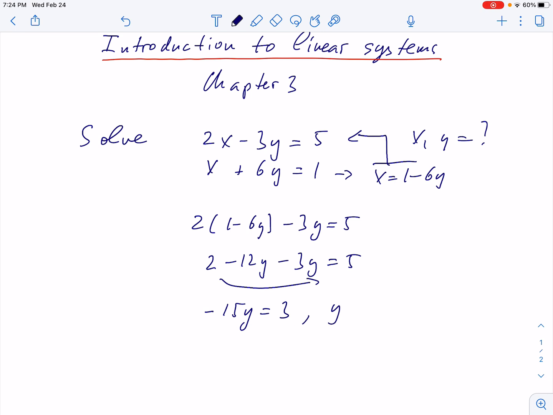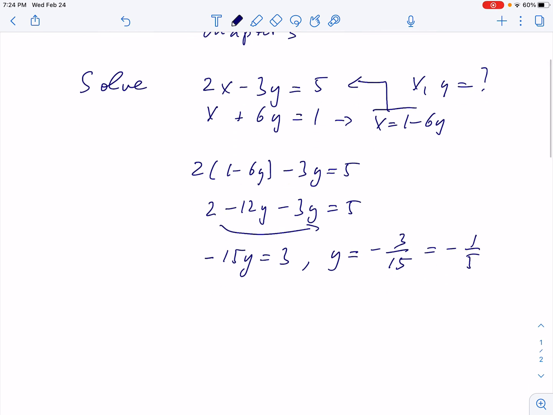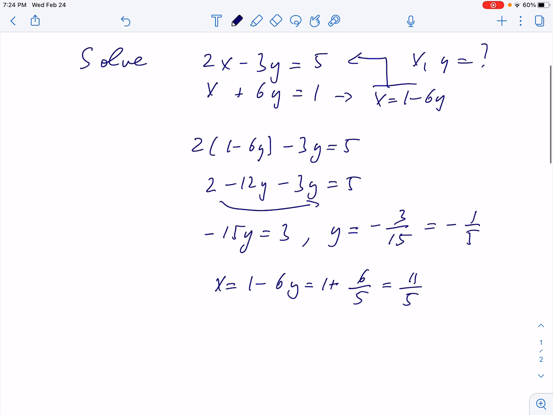So from here, y equals negative 3 over 15, equals negative 1/5. Excellent. And now remember how x was written in terms of y. x is 1 minus 6y. 1 minus, it becomes plus 6/5. So this will be 11/5. This is how we solve the system by substitution.